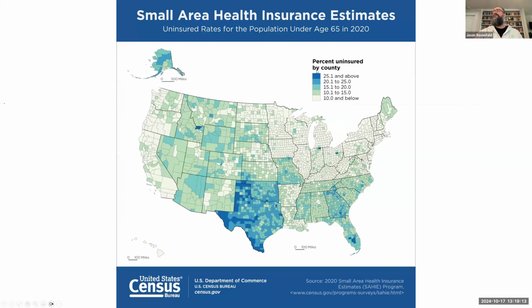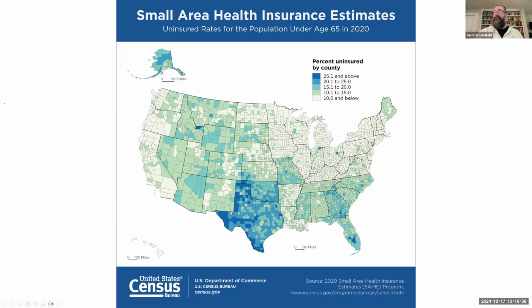Insurance coverage. So the number of uninsured by county, dark blue being 25% and above, light blue 10% and below. Again, I don't think anybody, well, hopefully nobody is shocked because we live in the state. We don't have Medicaid expansion. We don't have a whole lot of access to health insurance in our state. It's actually kind of shocking to see how different we are from the rest of the United States.